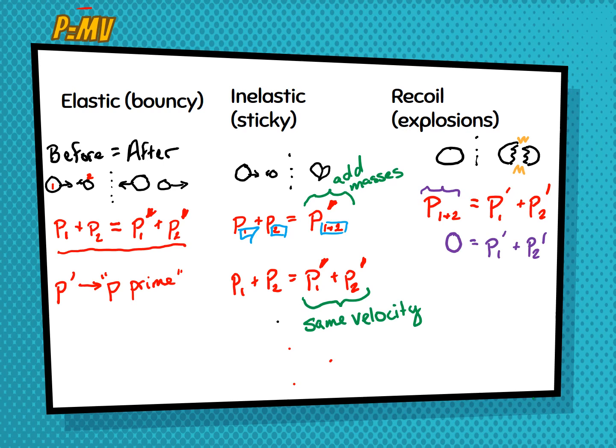Now, one thing to notice is that we are not taking into account the direction in this step yet. Momentum is a vector, so it can be positive or negative, but in our equations, we're not taking that into account yet, because sometimes it's hard to tell which way they're going when we set up the equation initially.